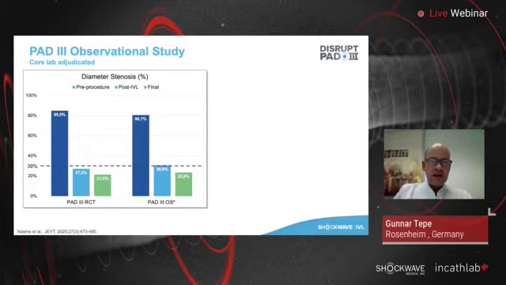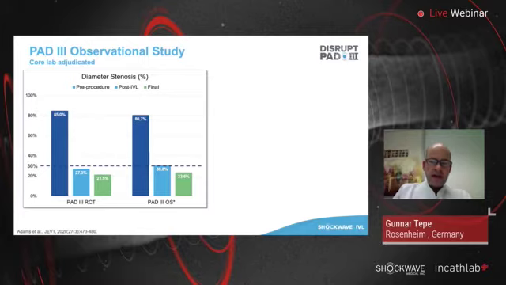This is a summary, a comparison actually between this study, the PAD3 study, with the observational study, which is a much bigger study. And this has been published, as you see down here in the slide, by Adams recently. This is a much bigger cohort, of course, an all-comer study, not with a follow-up.